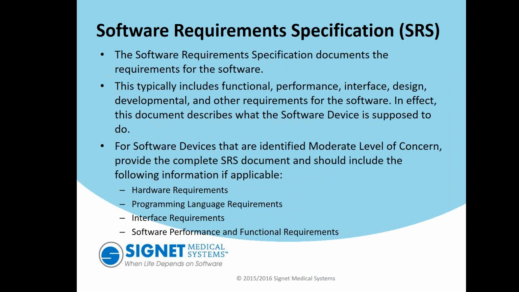And for software identified for a moderate level of concern, you need to provide the complete SRS document, and it should include the following information if applicable: hardware requirements, programming language requirements, what programming language you are using. You need to have an interface document that defines your interface requirements and the software performance and functional requirements of that particular software.